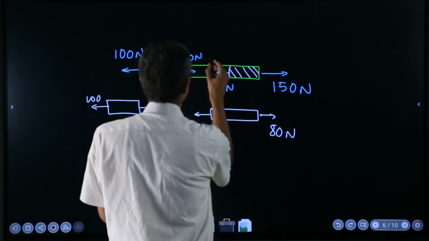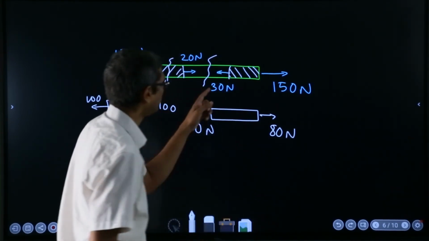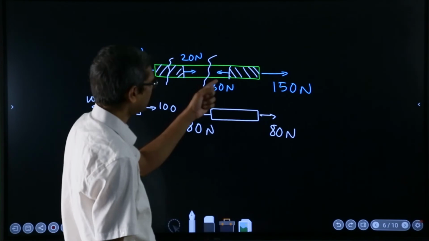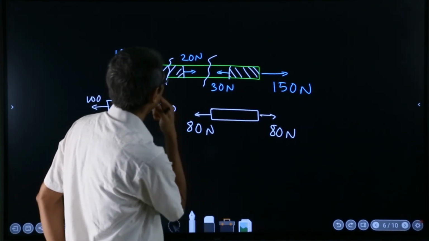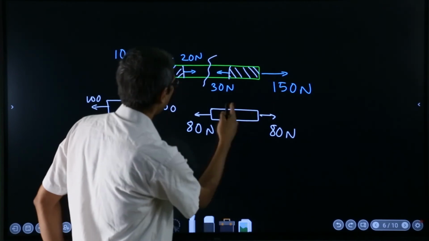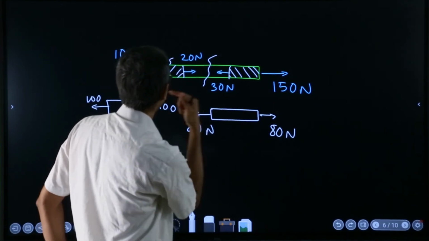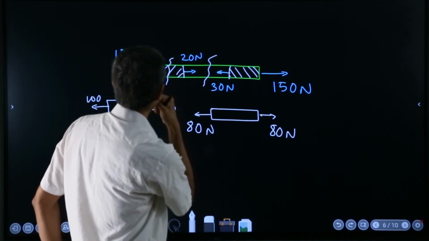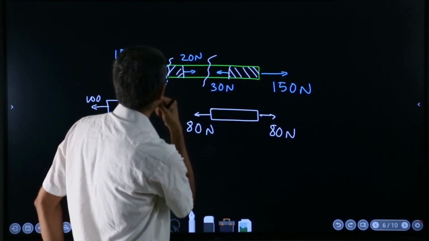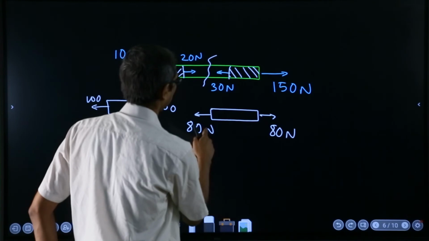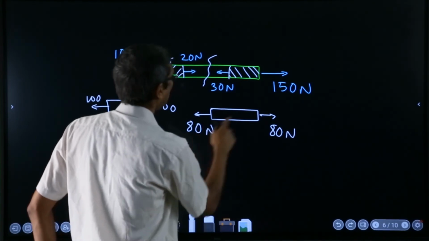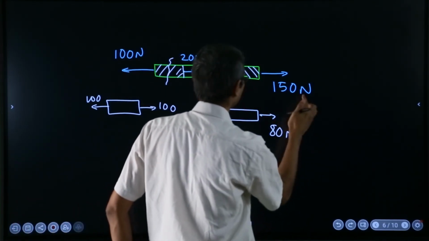Now I am cutting a section like this. If I keep from that side, again the same thing would have been there, right? Oh, just a minute, am I getting this 80? This cannot be 150, right?